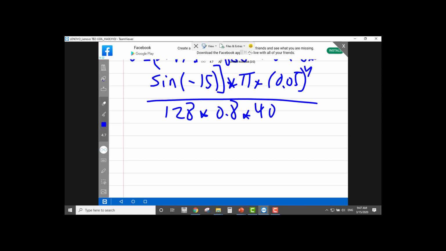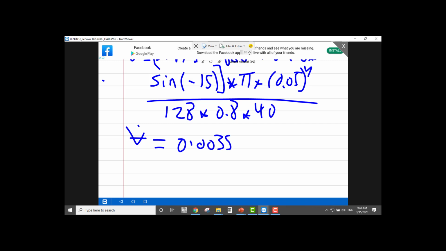So if you use your own calculator, you find V dot equal to 0.0035 meter cube per second. Now, if you compare the three answers, you will find that this is the greatest answer, for downhill.